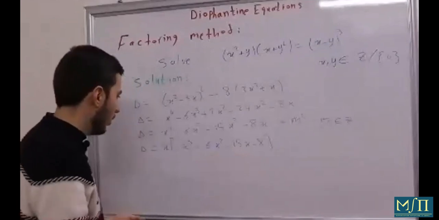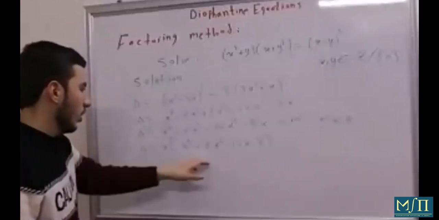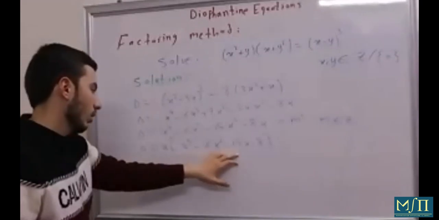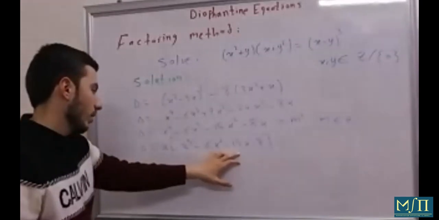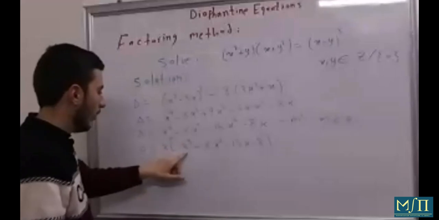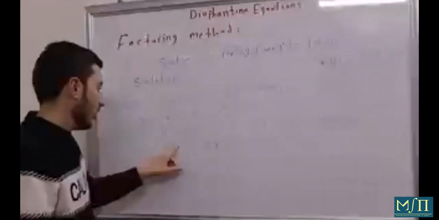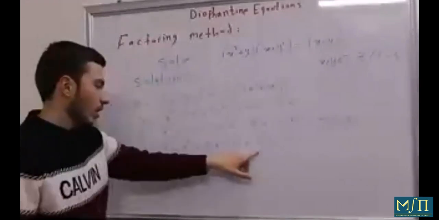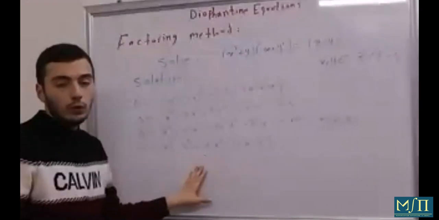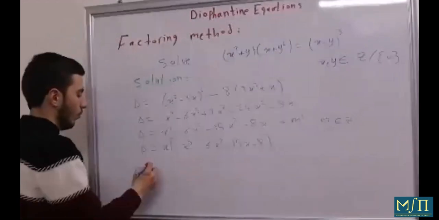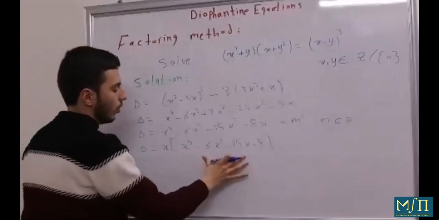I think we've made some mistake. Okay, sorry, here we have minus 1, and here we have plus 15, so we must have minus 14, and minus 8 minus 6 is minus 14. Okay, so minus 1 is a root of this quantity.